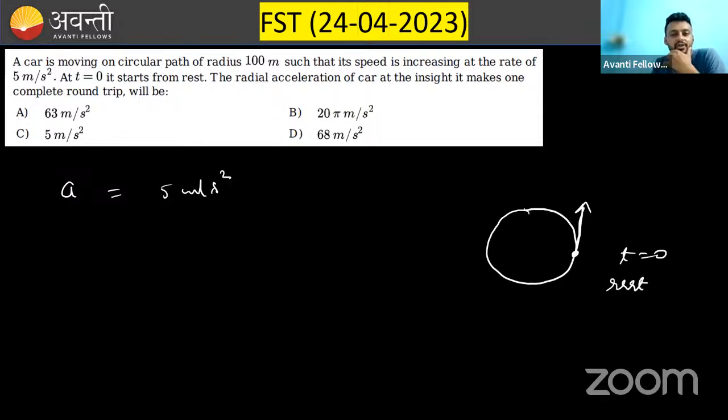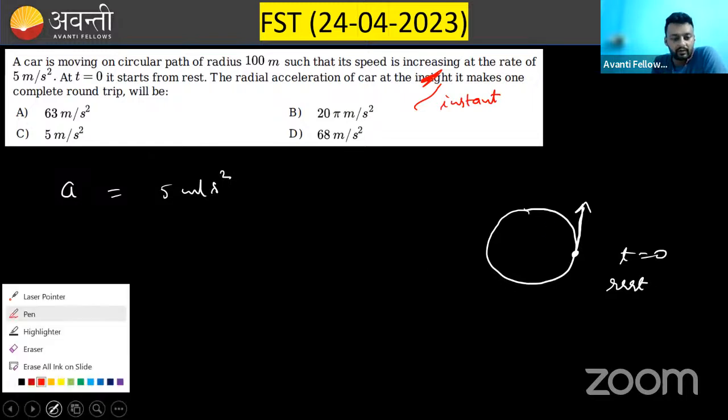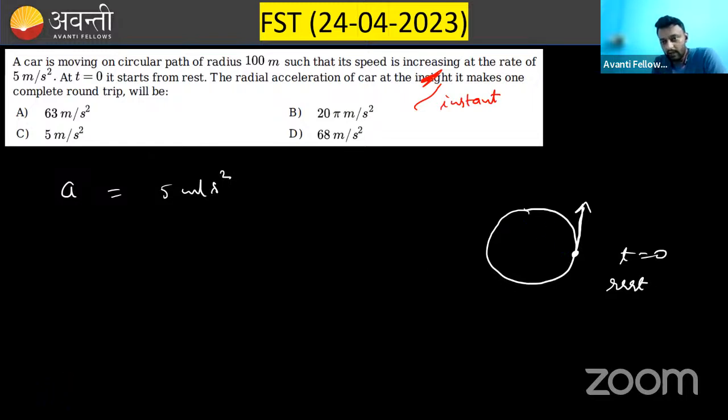The radial acceleration of the car at the instant it makes one complete round trip. So listen to me. After one complete round trip, the radial acceleration is nothing but v square by r.